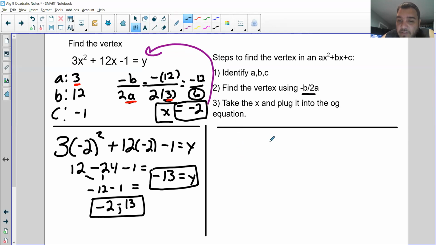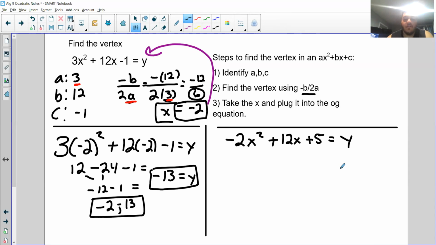I'm going to put 1 for you guys to practice. -2x squared plus, we'll use 12 again, 12x plus 5 equals y. Okay, so everyone's trying this. If you have any questions on the previous one, I'm happy to answer them.